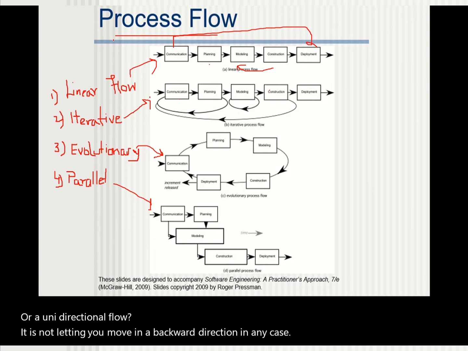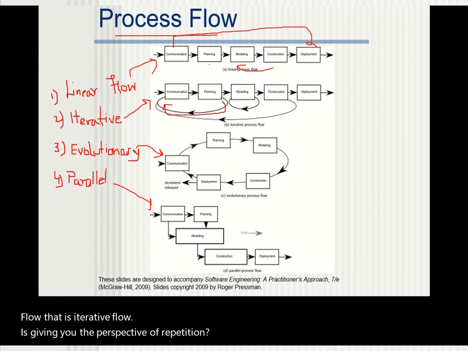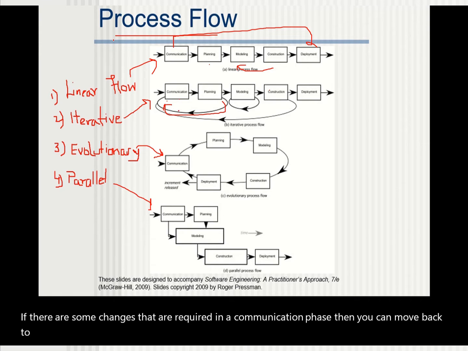And the second flow, that is iterative flow, is giving you the perspective of repetition. Like when you are in the planning phase, if there are some changes that are required in the communication phase, then you can move back to the communication phase.